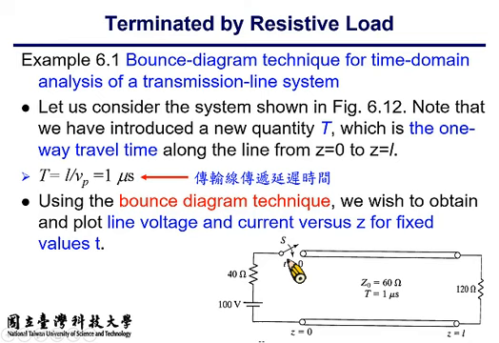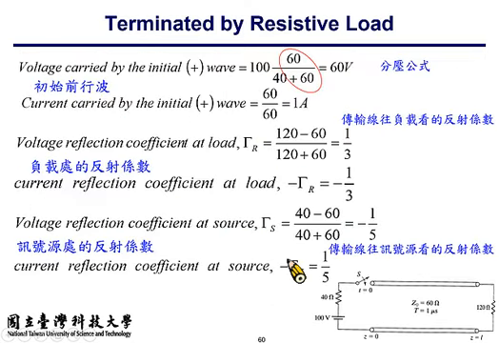And what is the time delay? It's 1 microsecond, right? So, okay, on the top is the calculation of the first signal, the V plus signal. V plus signal is what? It can be calculated by the source voltage times the voltage divider formula.